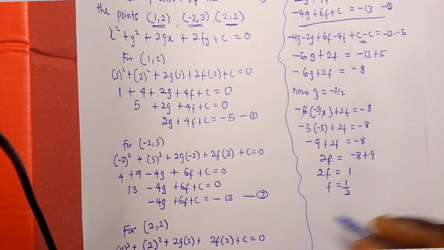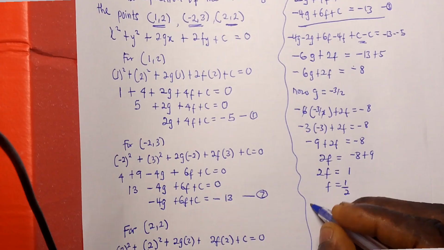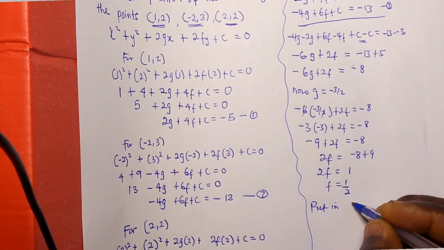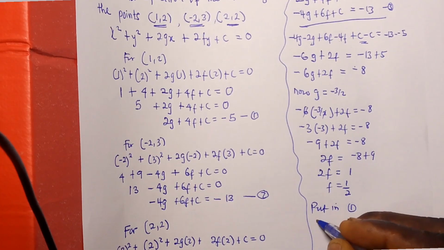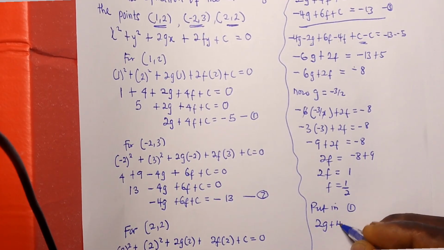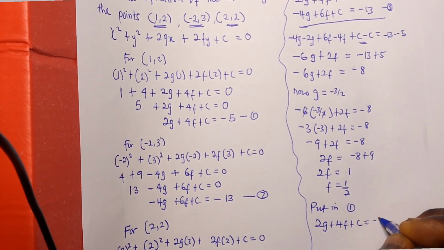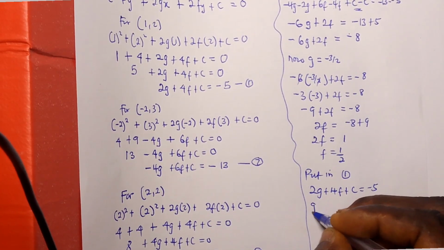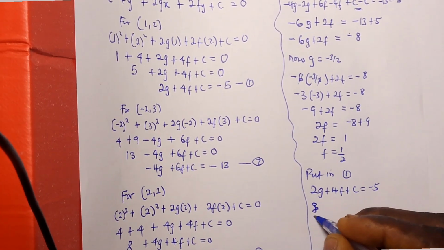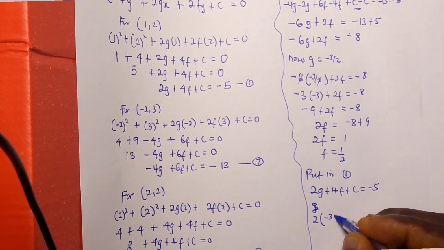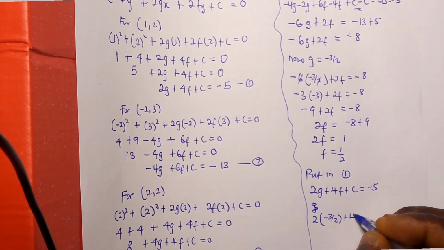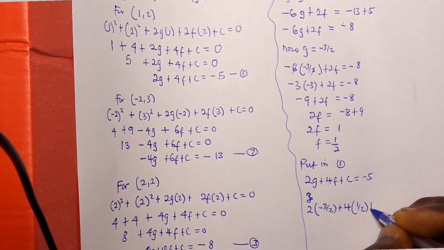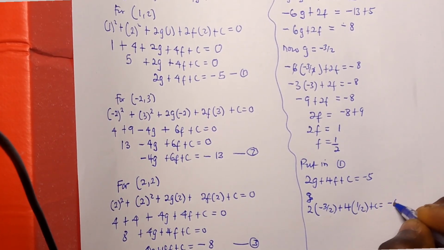Now you've gotten all the values, so you can put in any of the equations. Let's say equation 1, which is 2j plus 4f plus c is equal to minus 5. Our j is 2 times minus 3 over 2 plus 4, which is our f, 1 over 2, plus c is equal to minus 5.